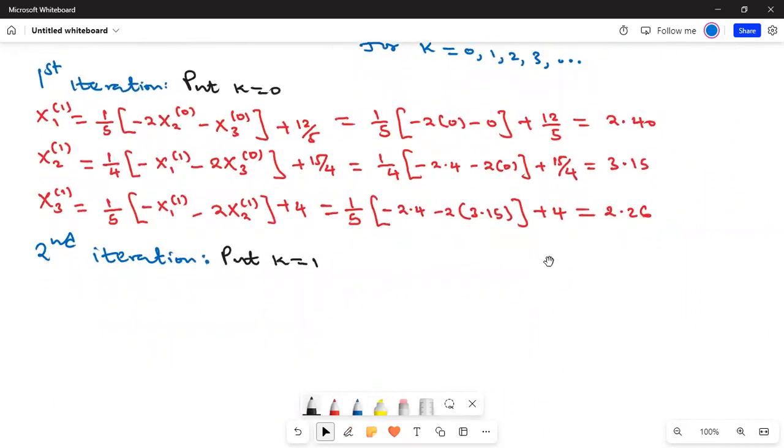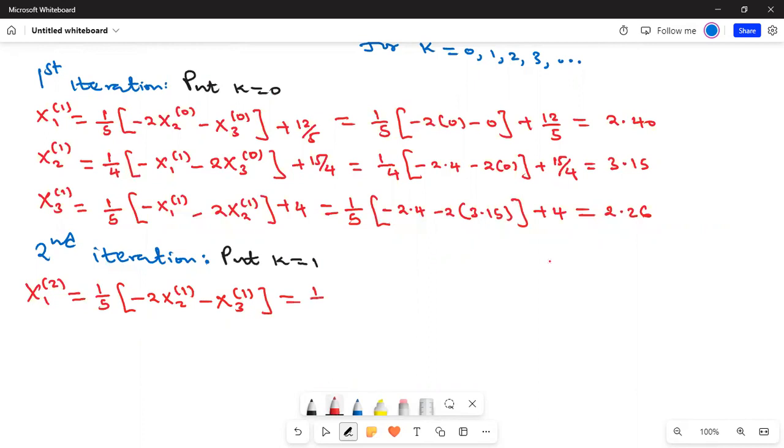That will give us the first equation will now be x1 at level 2 is equals to 1 over 5 negative 2x2 at level 1 minus x3 at level 1.